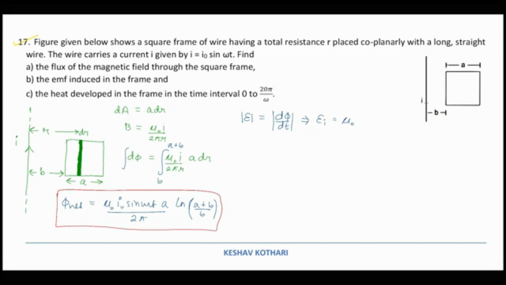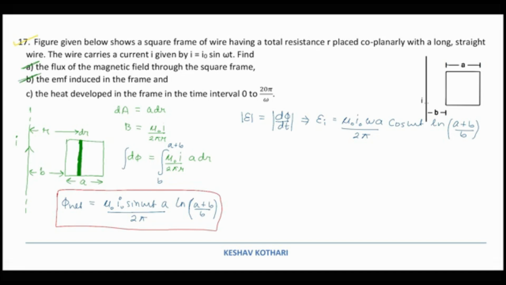The derivative of sine omega t is cos omega t into omega. So the expression is mu naught I naught omega a upon 2 pi cos omega t ln of a plus b by b. So this is going to be the expression for EMF induced in the frame.